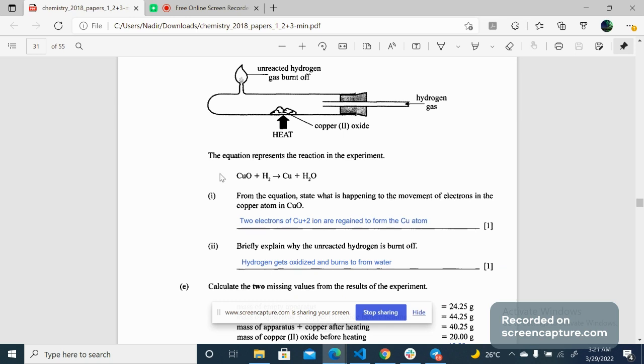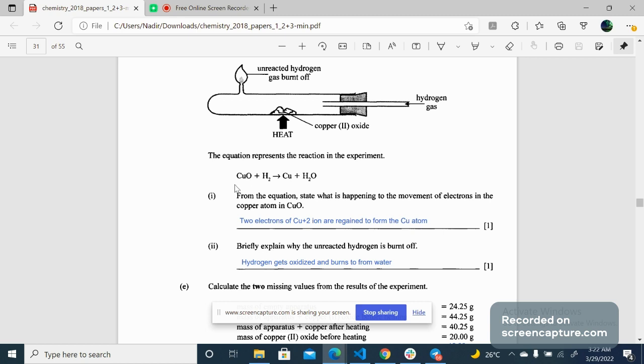When copper 2 oxide as a whole gets reduced, resulting in the formation of copper metal, this copper metal now has 2 electrons more than its ion had when it was a building block of copper 2 oxide.